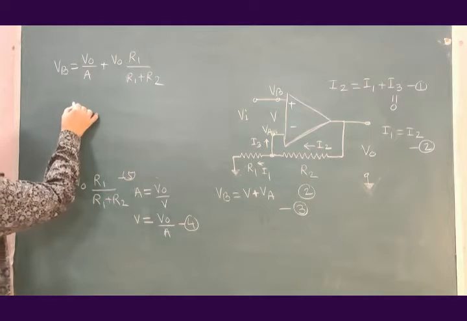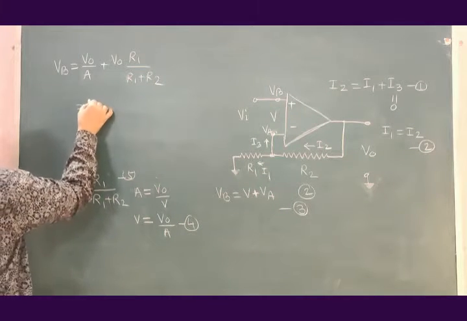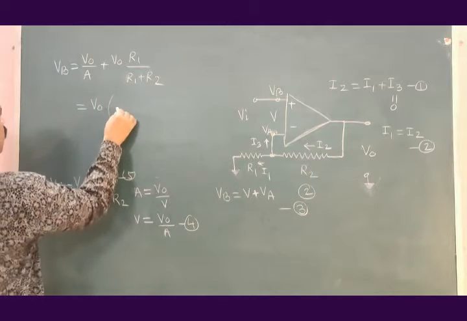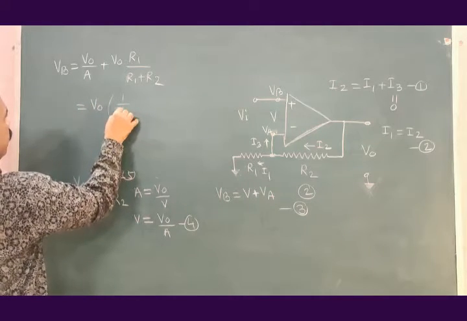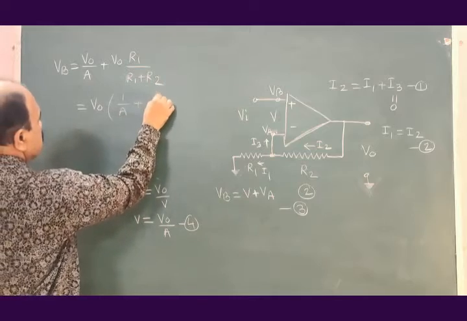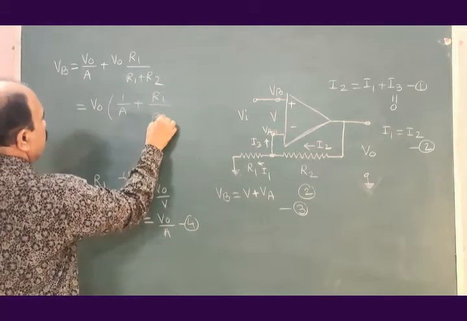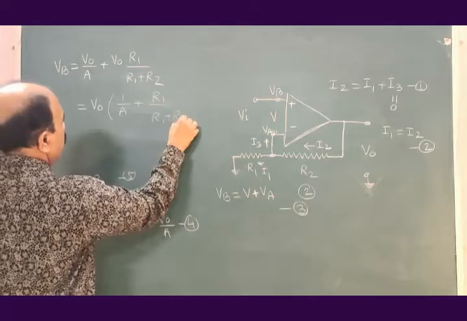If Vo is taken common, it will become 1 divided by A plus R1 divided by R1 plus R2.